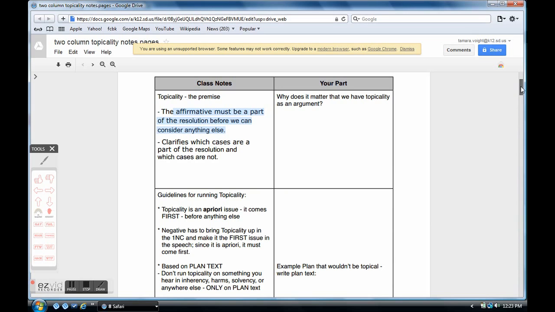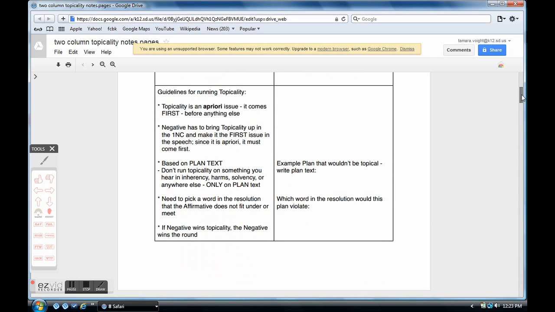If we really feel like they're not part of the resolution, we have to treat it as an a priori issue, which means it comes first. So I have to bring it up first in the 1NC. It has to be the first argument I run, before disad, before case arguments, period. So if you run topicality on the negative, it's the first thing you do in the 1NC.